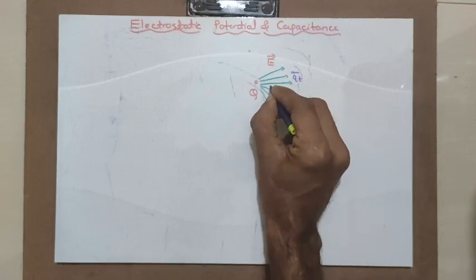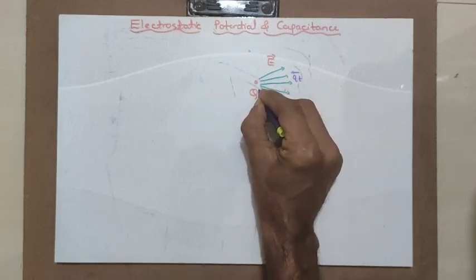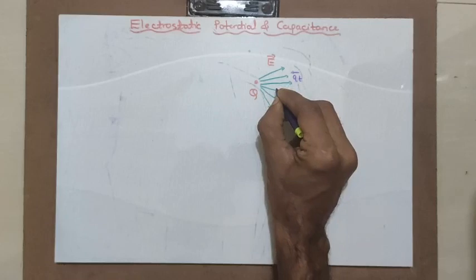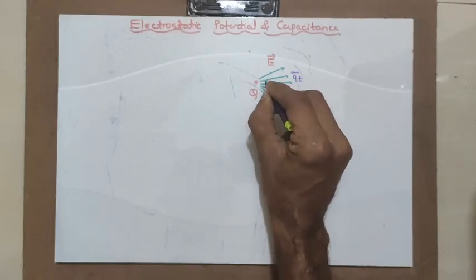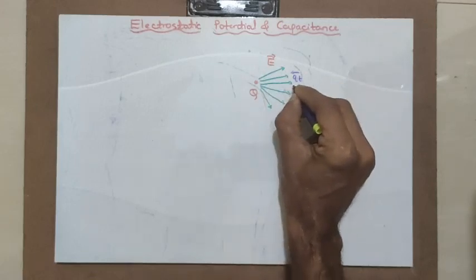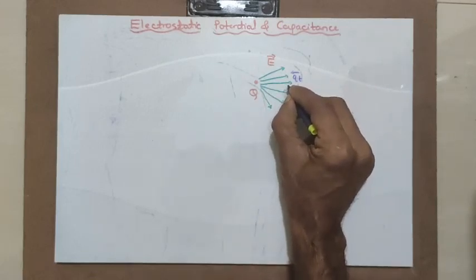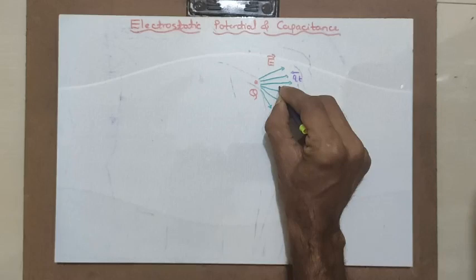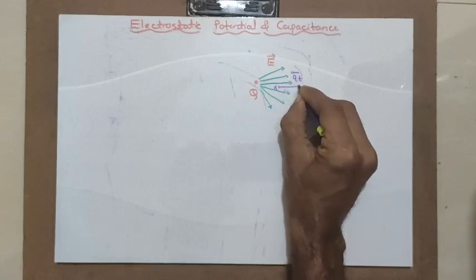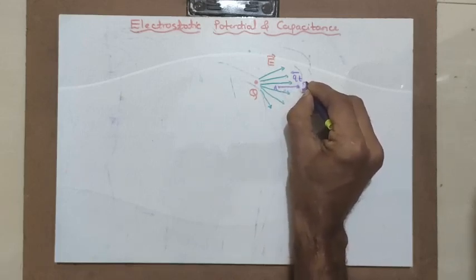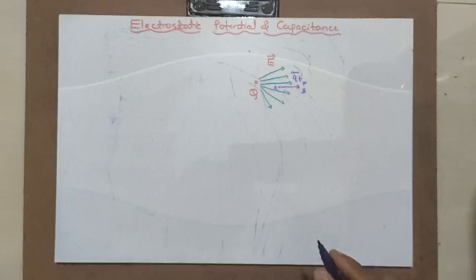The main charge present here will force out this test charge away from its field, because let us assume that both are positive. Hence the force of repulsion will be from this point to this point, A to B. This is the force.